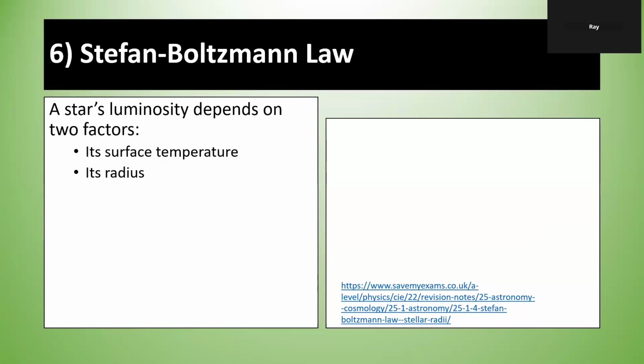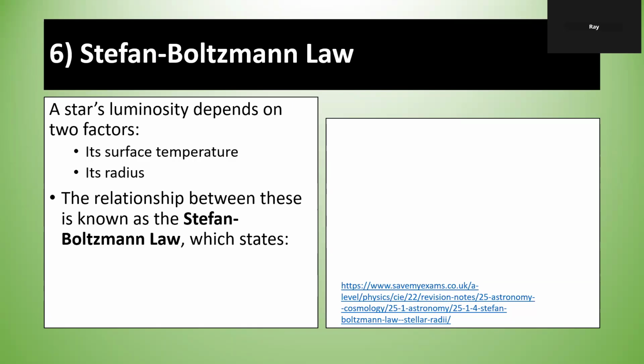Okay, we stop at Stefan-Boltzmann's law. A star's luminosity depends on two factors: its surface temperature and its radius.